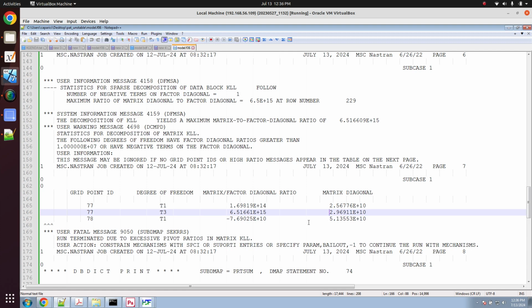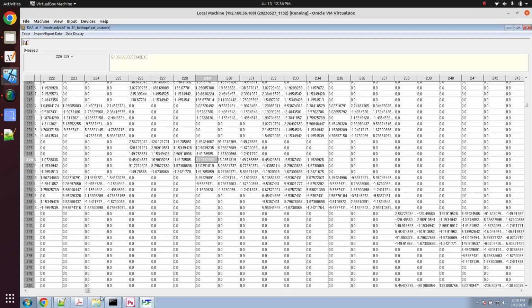So here, oh wow, something's off a little here. Oh right, I'm off. Okay, yeah. So the H5 file starts with index 0, but Nastran starts with index 1. So here, what I need to look at is row 228 and column 228. So here, the stiffness at row 228 and column 228 is 2.96E10.